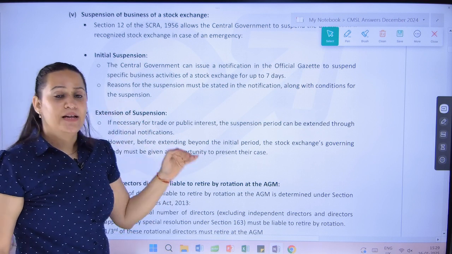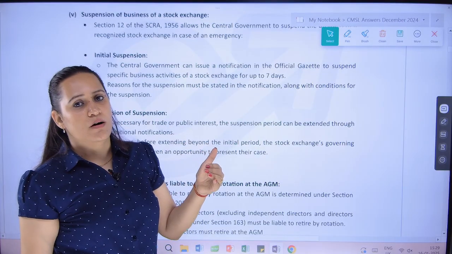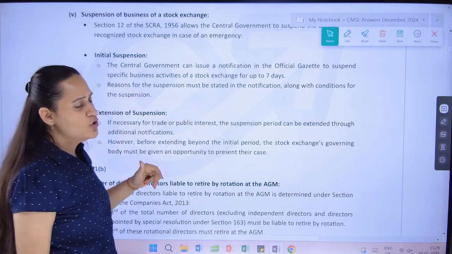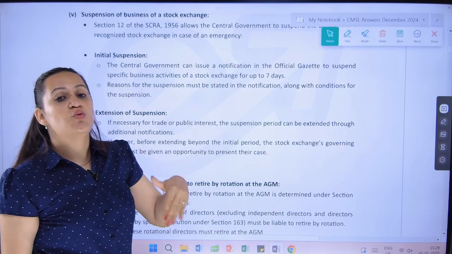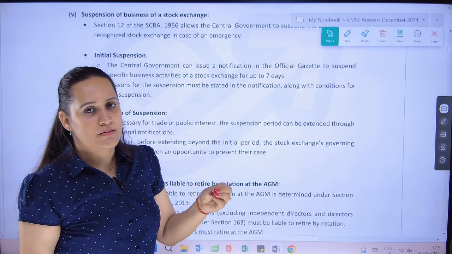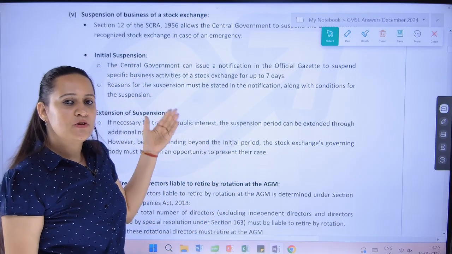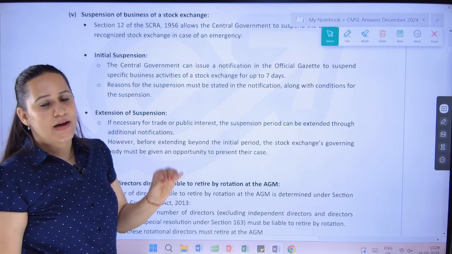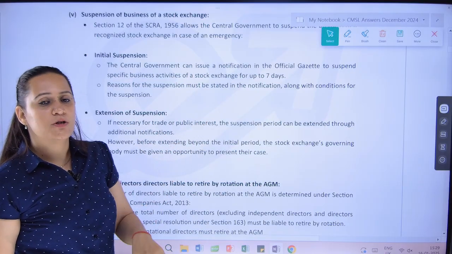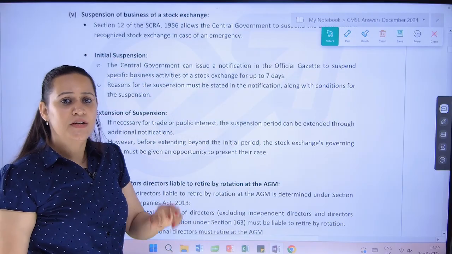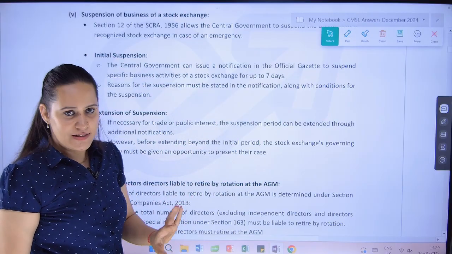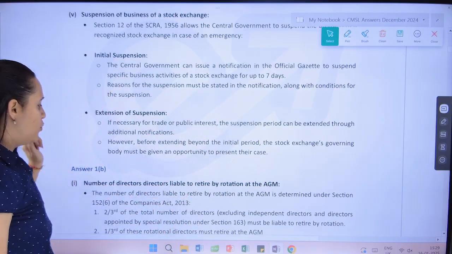Second, if the suspension order for 7 days is not enough and you want an extension, you can extend the suspension of the business of a stock exchange for a further period, but again a notice should be sent and an opportunity of being heard should be given before extending the order of suspension. That is the provision that you have to write.